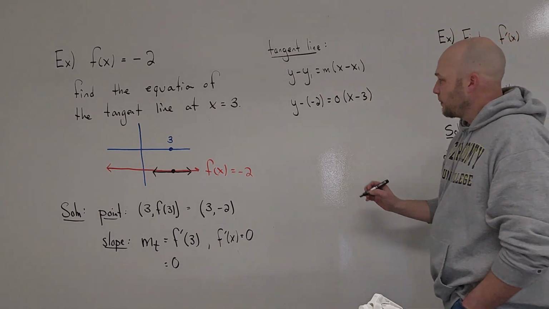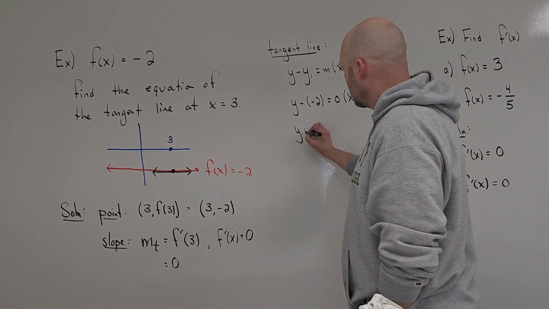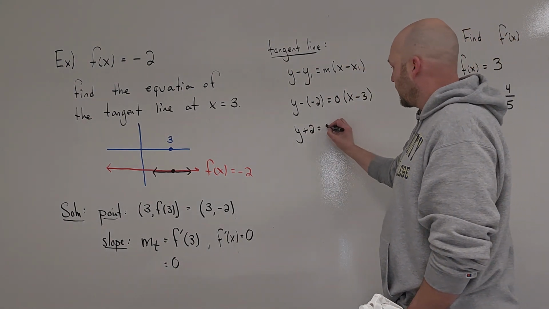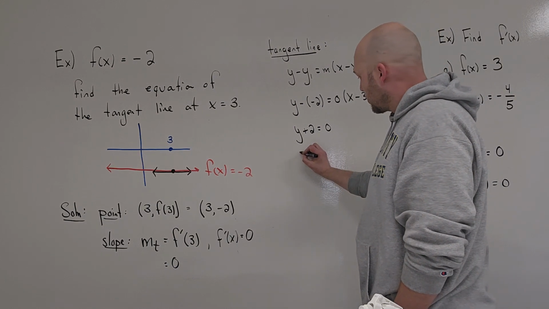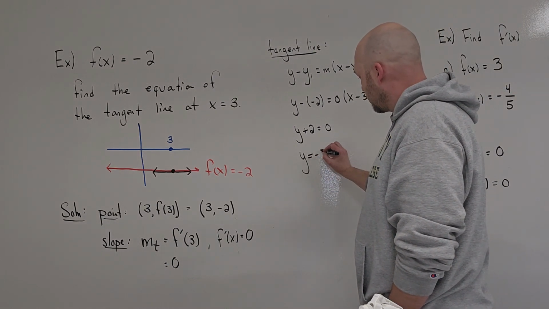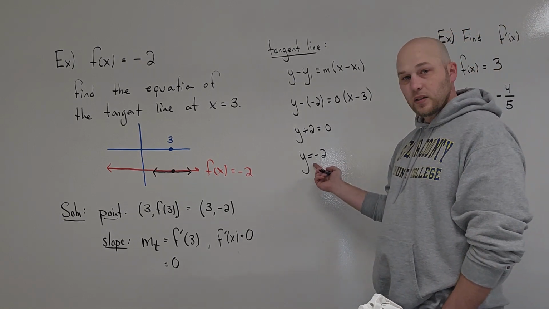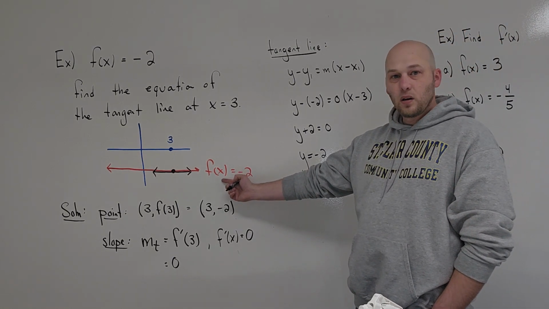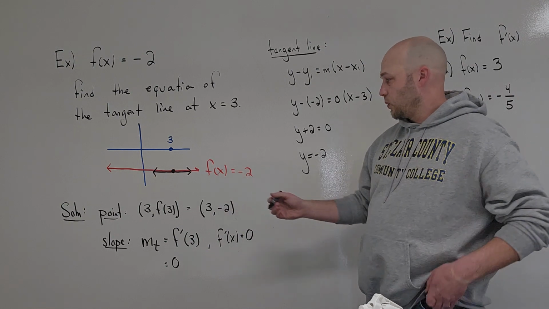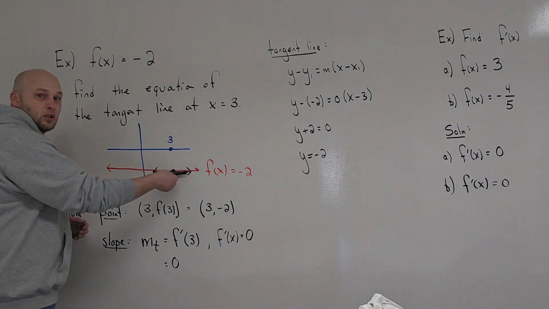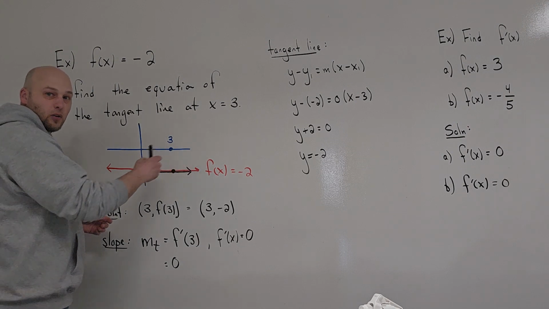The left-hand side becomes y plus 2. The right-hand side I'm multiplying by 0, so that becomes 0. And then if I solve for y, I get y is equal to -2, which is expected, right? This is the equation of the tangent line. This is the equation of the original function we started with, which verifies that the tangent line to a horizontal line is the original line itself.